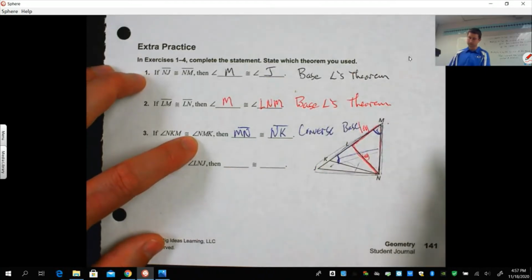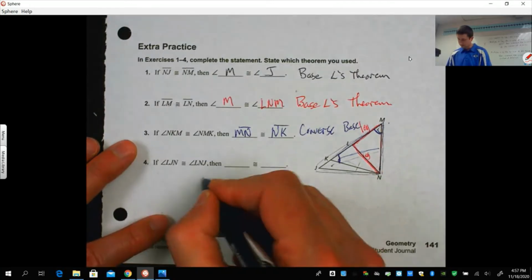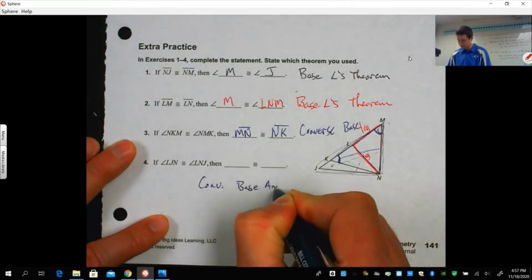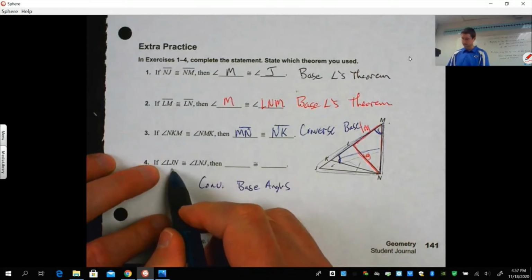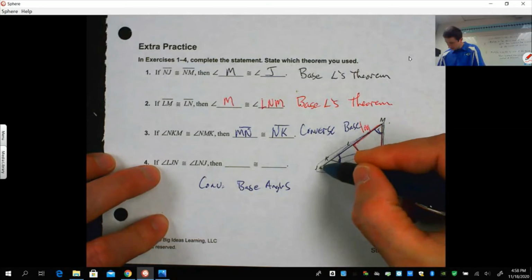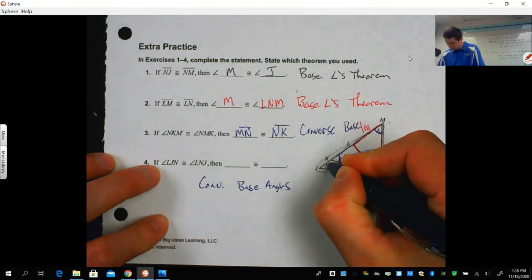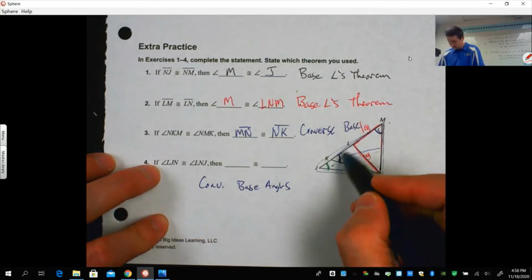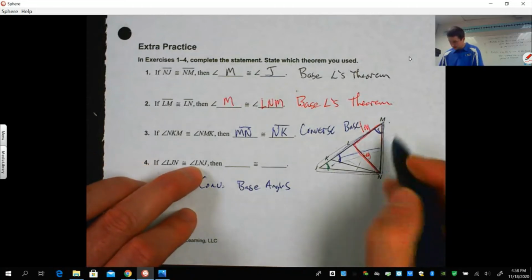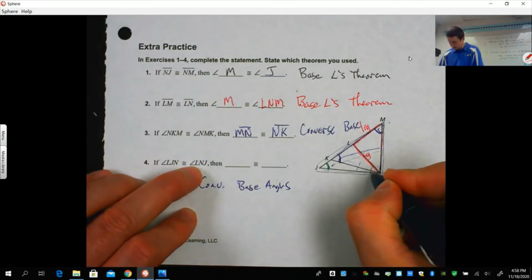And we're using the converse for the base angles. Okay, this next one's going to be the converse as well, because we're starting with the angles. So LJN, there's that angle, and LNJ, so that angle there.